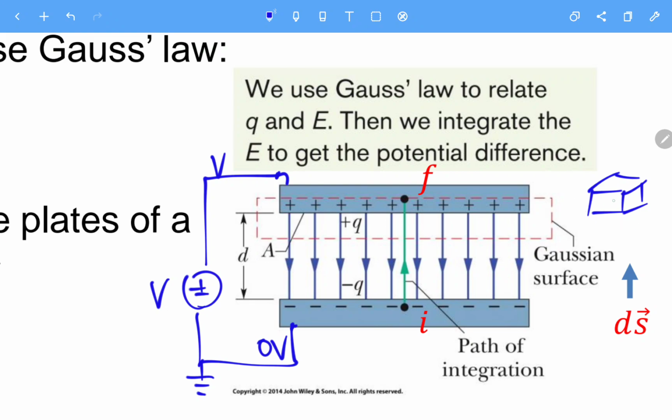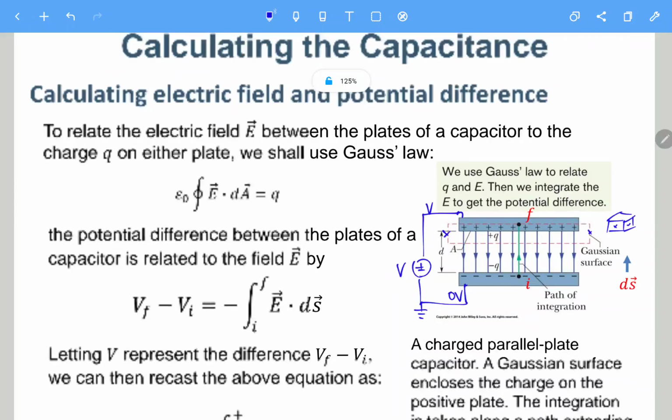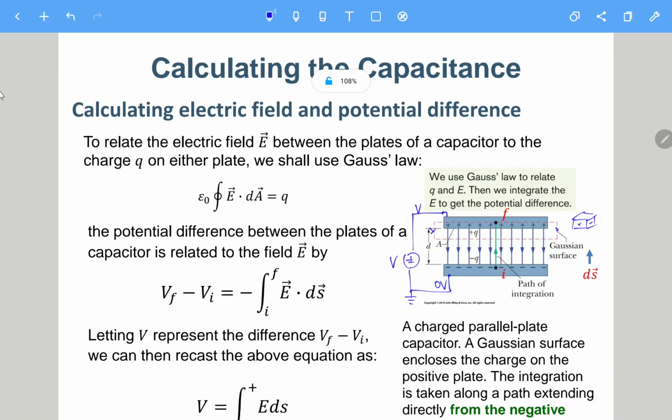But luckily, all the sides don't contribute to the net flux. So finally, what we really need to consider is the top face, the bottom face, and this side. Still, these two sides don't really contribute to the net flux.